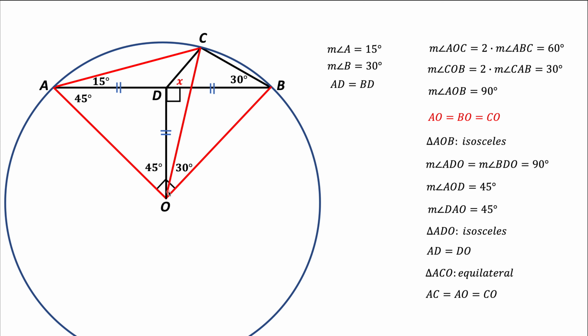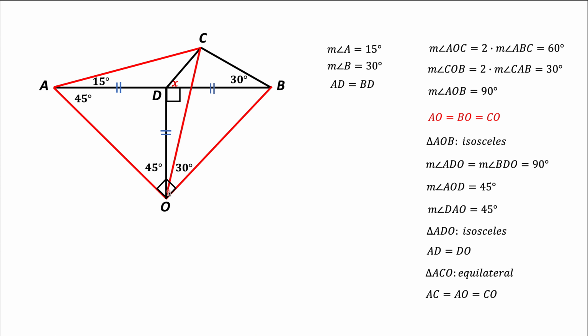Now, let's get rid of the circle, because we don't need it anymore. And look what we have here. What we want to pay attention to is two triangles: triangle ACD, that blue triangle, and triangle OCD, the green triangle. We notice that the side AD equals the side OD.